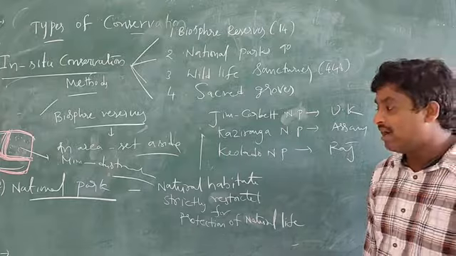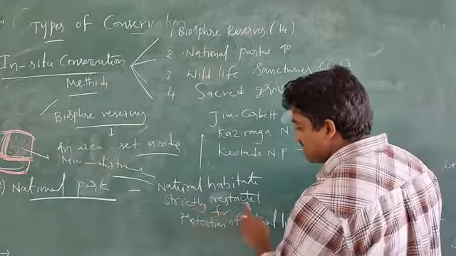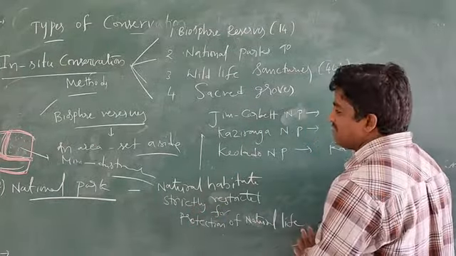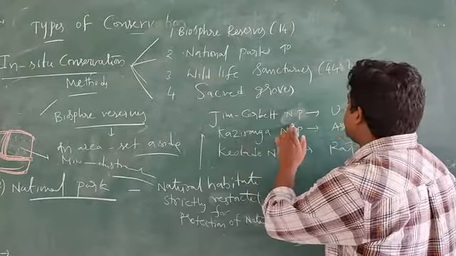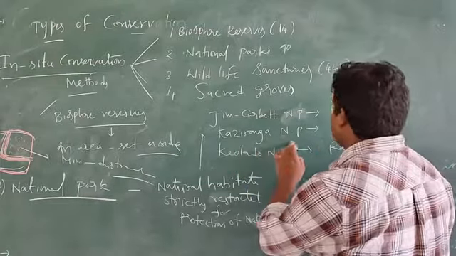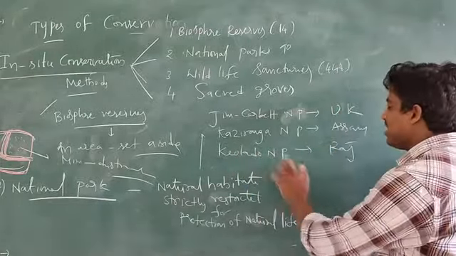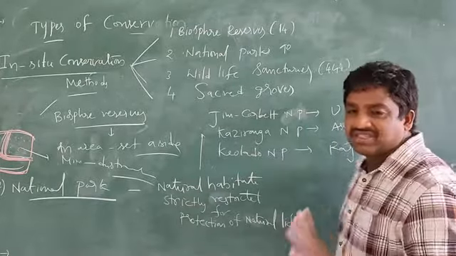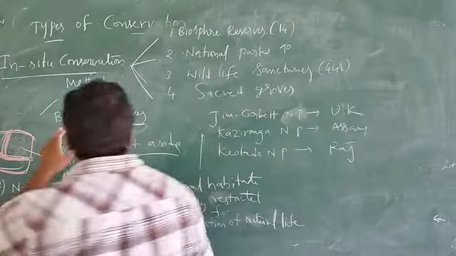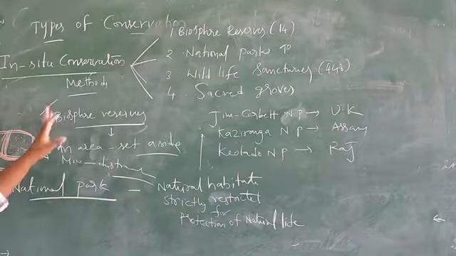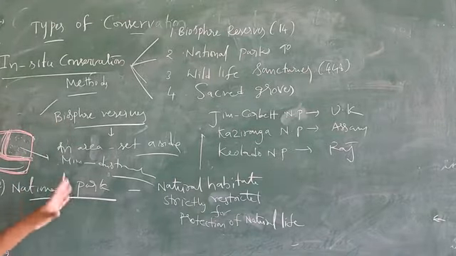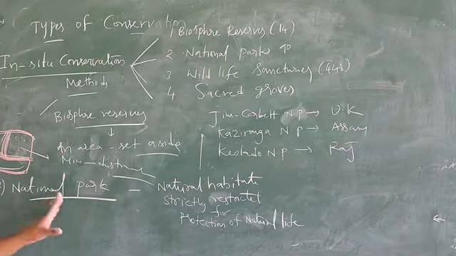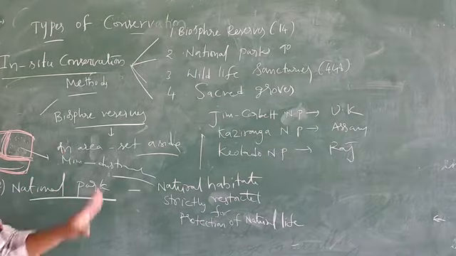Such an area is strictly restricted for protection of natural life. Examples are Jim Corbett National Park in Uttarakhand, Kaziranga National Park in Assam, and Keoladeo National Park in Rajasthan. So the first was the Biosphere Reserve, then the National Park. In these, the animal species and plant species are naturally protected. Next, wildlife sanctuaries.